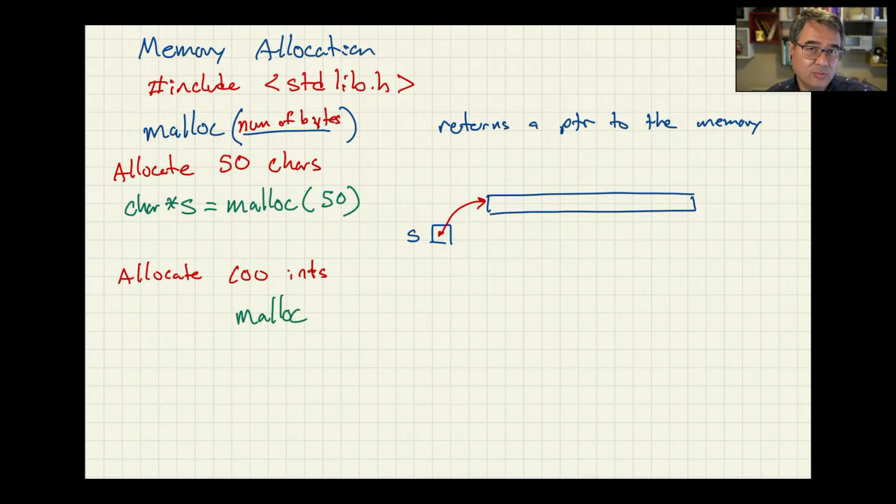So a more typical way to do this in C is have the program do the calculation for you. This is an idiomatic way that you'll see programmers figure out how many bytes to actually set aside. The first thing you'll put in is how many boxes you want, and then you will multiply that by the size of each box.